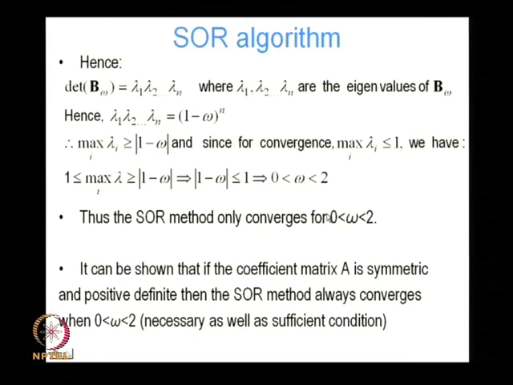And it can be shown that if the coefficient matrix A is symmetric and positive definite, then the SOR method always converges when omega lies between 0 and 2. So, it is a necessary as well as a sufficient condition, right.